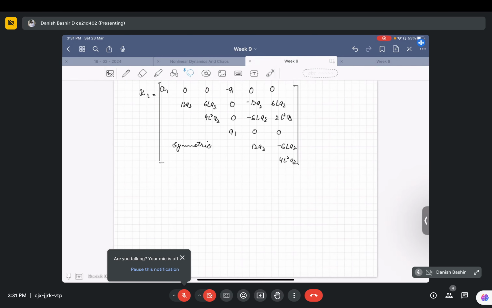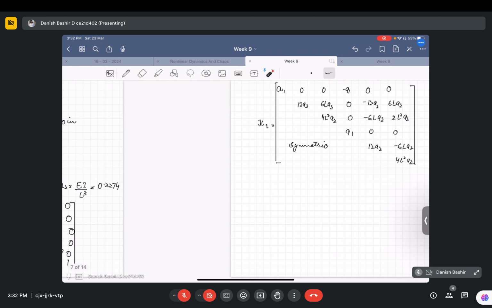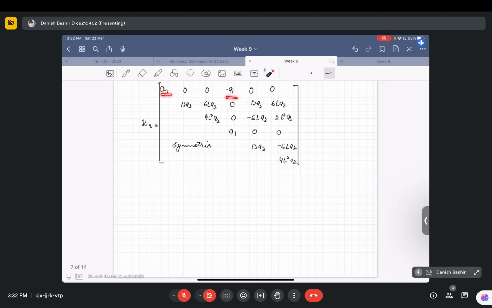We have all the quantities: we computed A1 and A2, and L we also know.